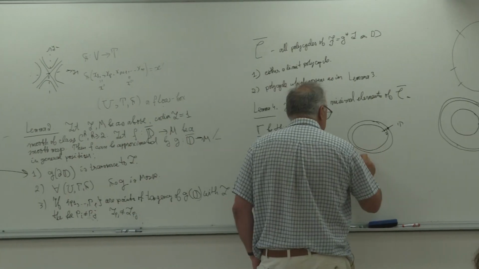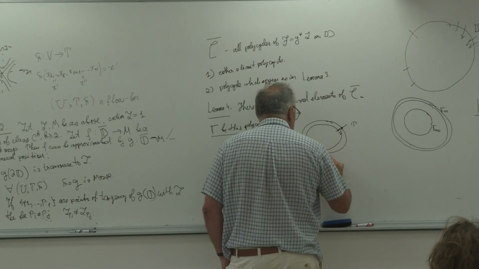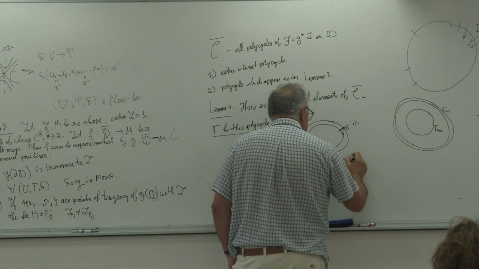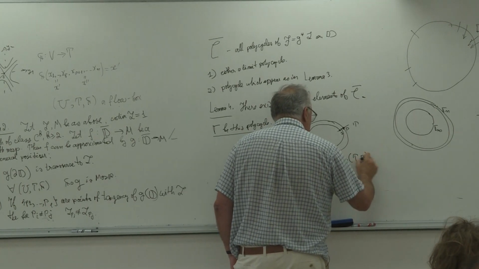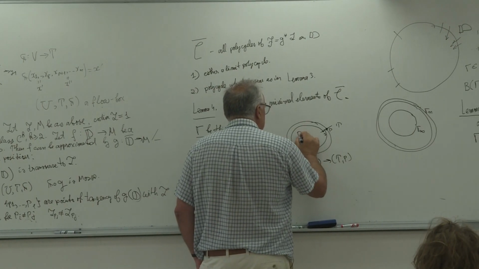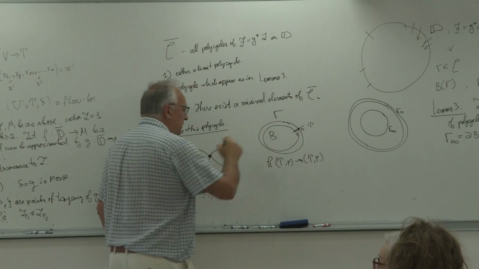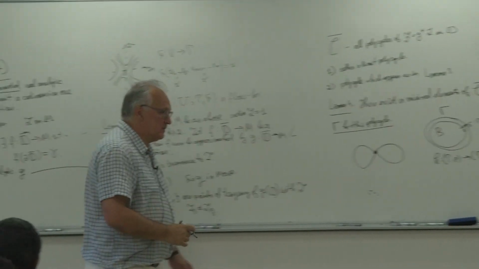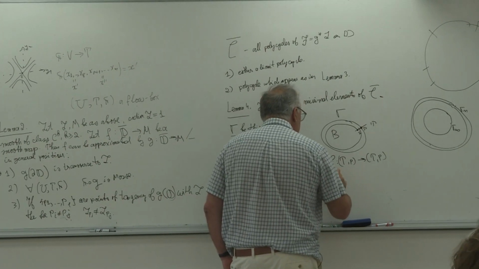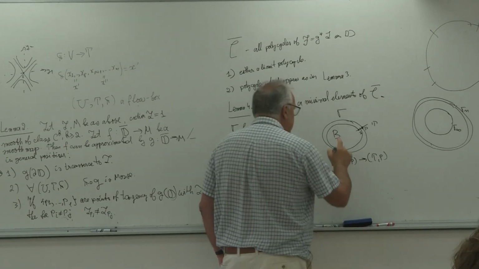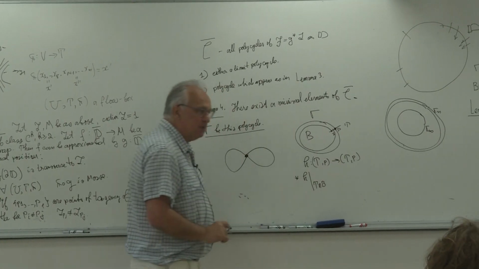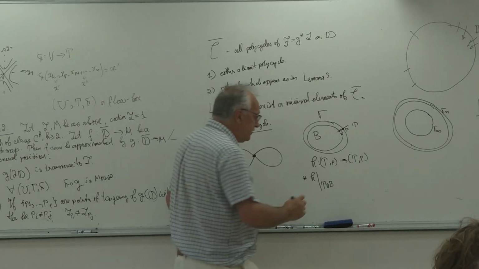This will define a map H from T, let's say at the point P, in a neighborhood of P, to itself.